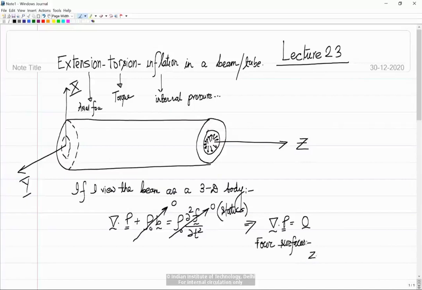So you have z equal to 0, comma L, supposing that the length is L, the two end cross sections, and then big R equal to big R1 and big R2, the inner and outer lateral surfaces. So these are the four surfaces.